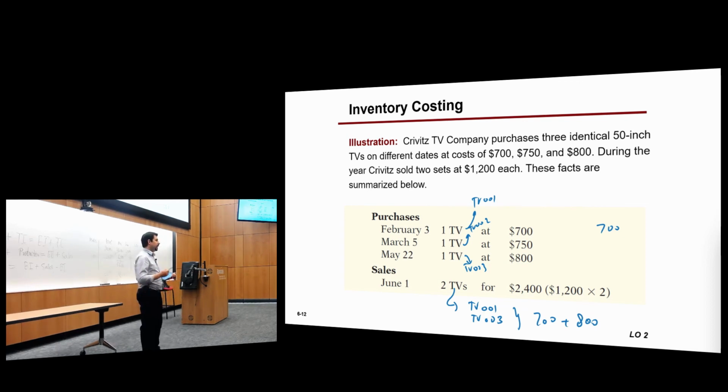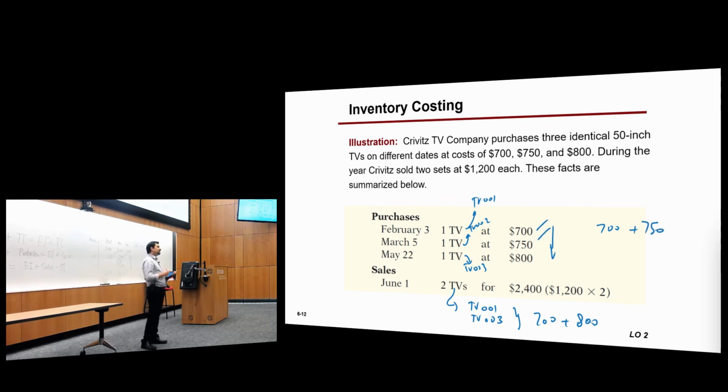What if you don't have this information? One way to do it is to take the weighted average, but we'll talk about that in a second. There's another way that companies do it, which is first in, first out. So they start like this. They sold 2 TVs, they pick the first 2 TVs. It's 700 plus 750.